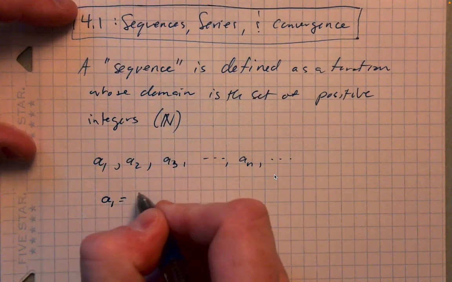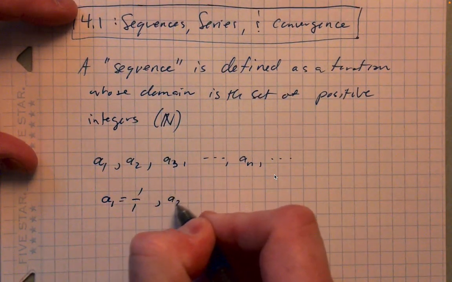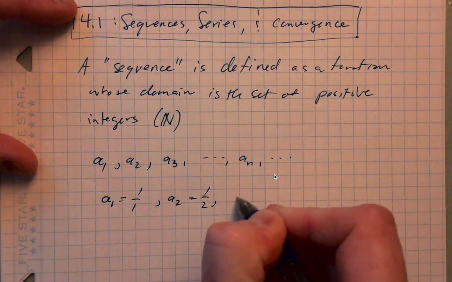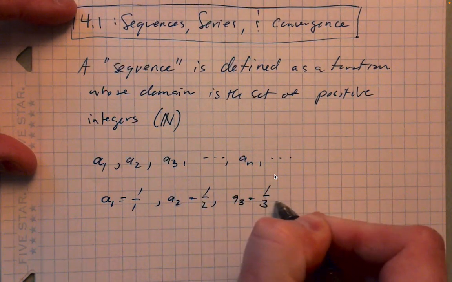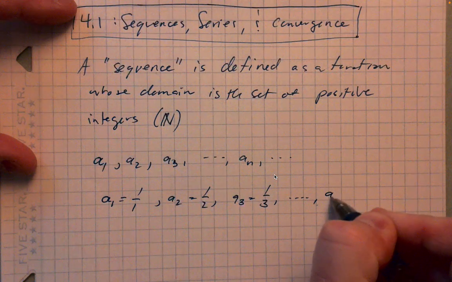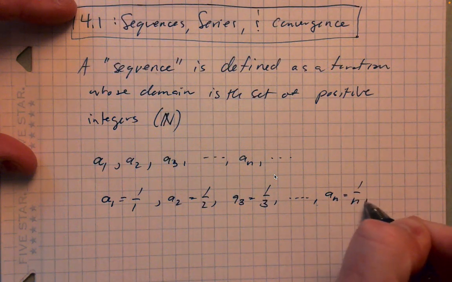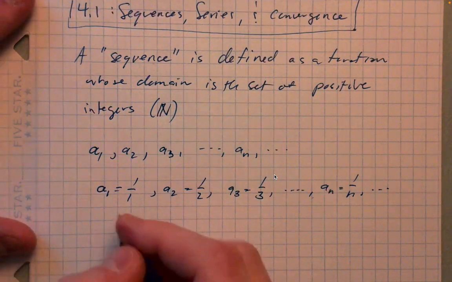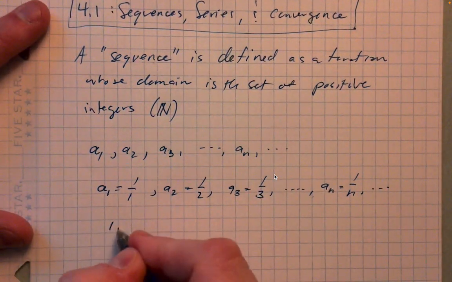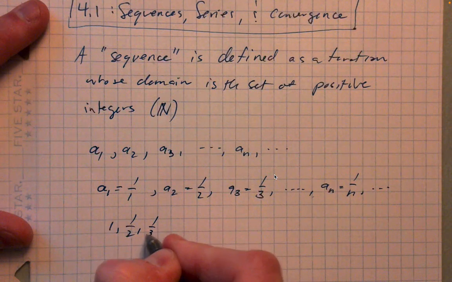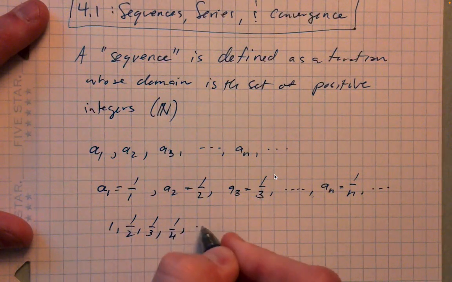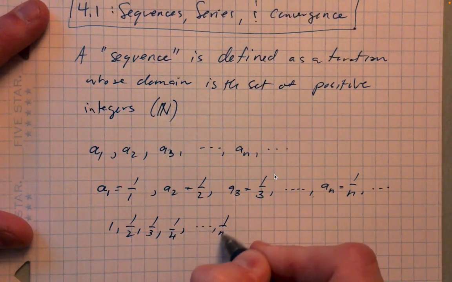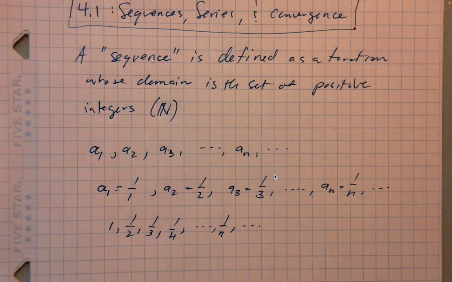Maybe a1 is equal to 1 over 1, a2 is equal to 1 over 2, a3 is equal to 1 over 3, and so on. So that means an would be 1 over n. You could say an example of a sequence would be 1, 1/2, 1/3, 1/4, and so on, up to 1 over n, and continuing onward.